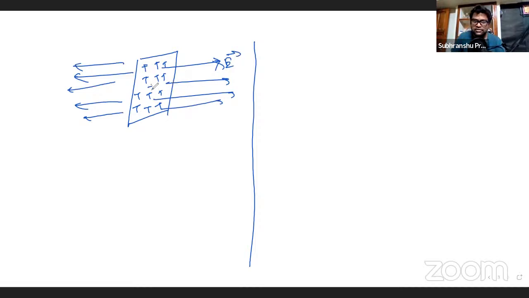Now let us cut a cuboidal surface which will enclose some charge q in. Why are we cutting it? Because we are interested in using the Gauss law.